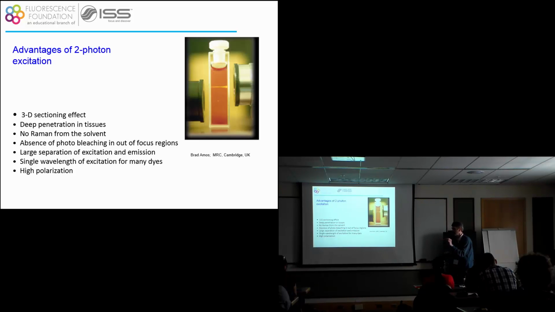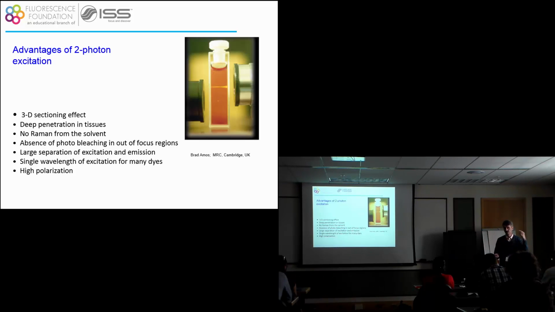And the small volume is almost as small as the resolution of the confocal microscope. So what we can achieve using the pinhole with the confocal microscope and the one-photon excitation, we can achieve using the two-photon excitation without using the confocal microscope.